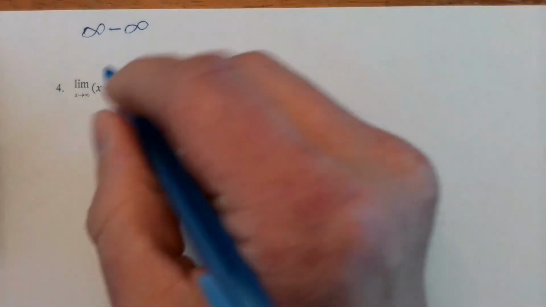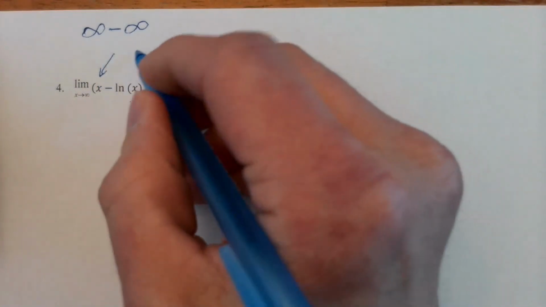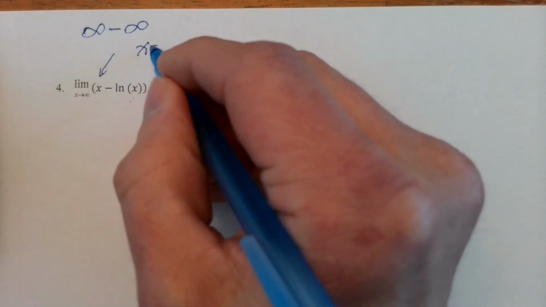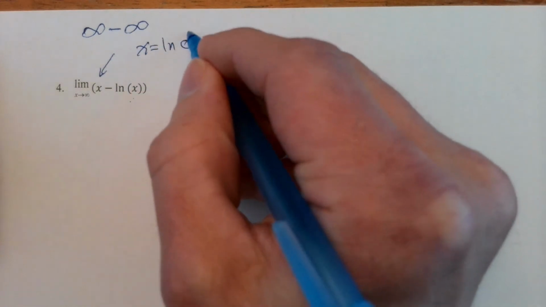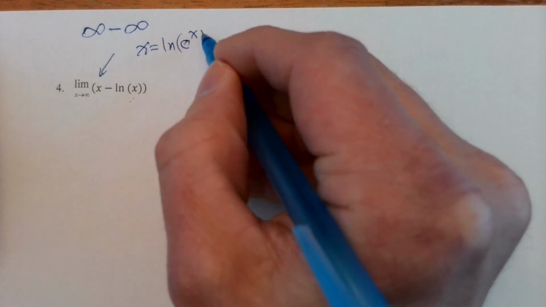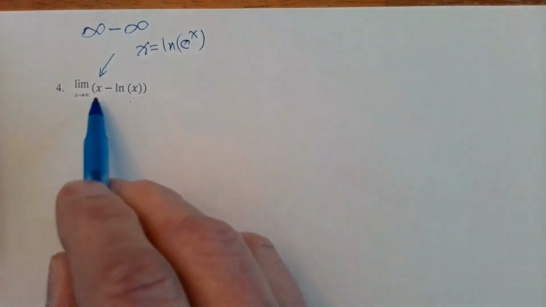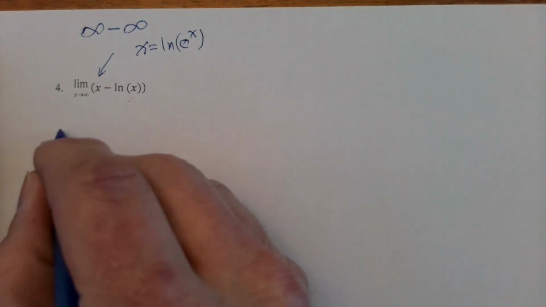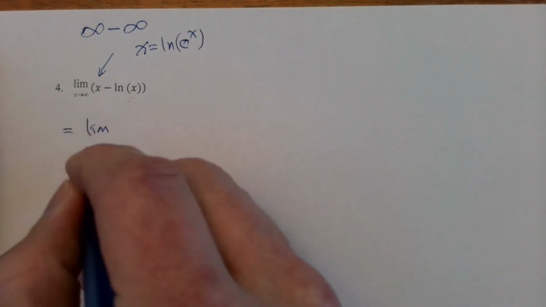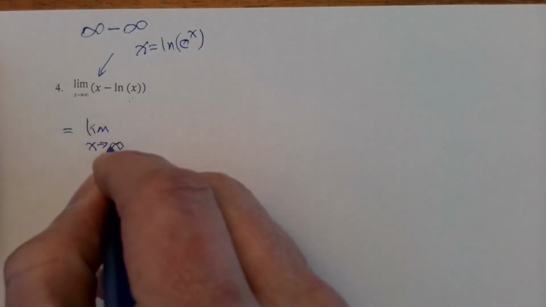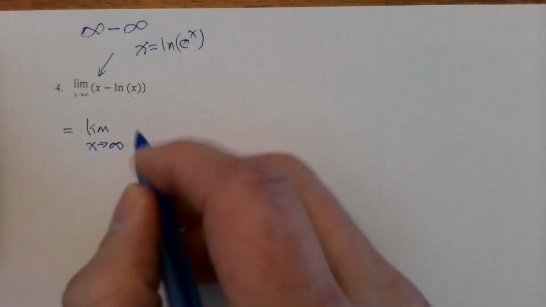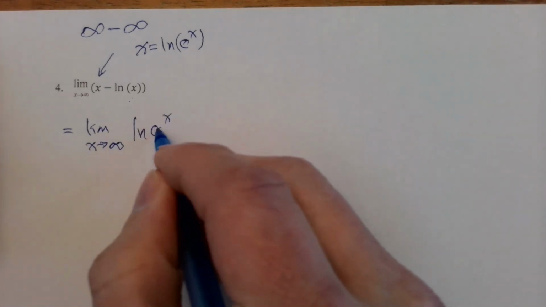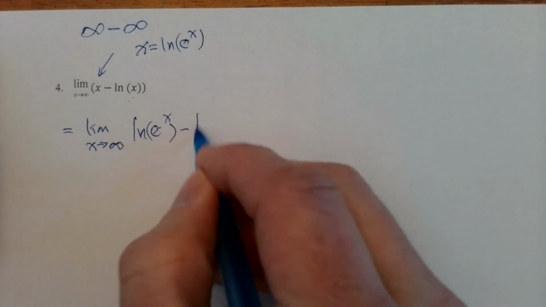The trick on this problem is to rewrite this x as x equals the natural log of e to the x, which is certainly true. But then what you'll have in here is a log minus a log, and we have a property that helps us with that. So this is the limit as x approaches infinity of natural log of e to the x minus natural log of x.